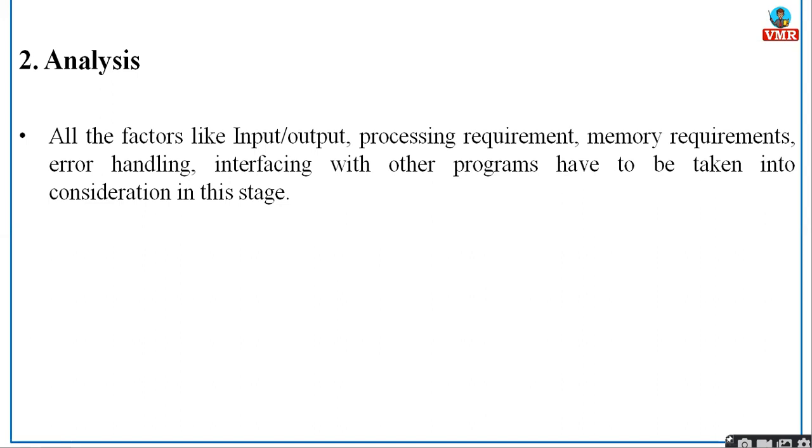In this analysis part, what did I say just now? I wanted to add 2 numbers. So what kind of numbers? There may be an integer value, a floating point value, some decimal pointed value, or double floating point values. That analysis has to be done by you before writing the program.